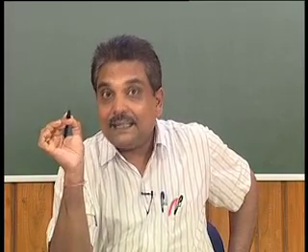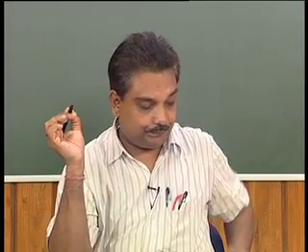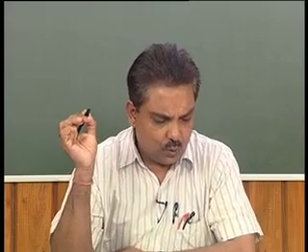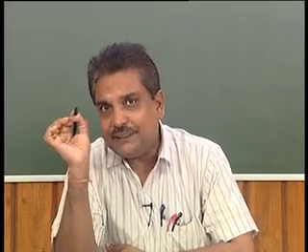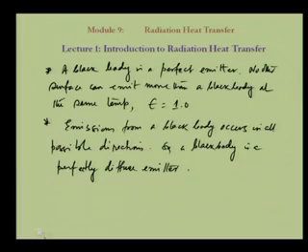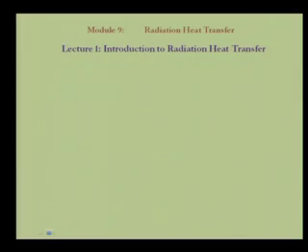Now, what happens is there can be some white substances which are also black with respect to some radiations. So, it is not that we are thinking about the visible ranges; there can be some substances which are black with respect to other thermal radiation ranges.